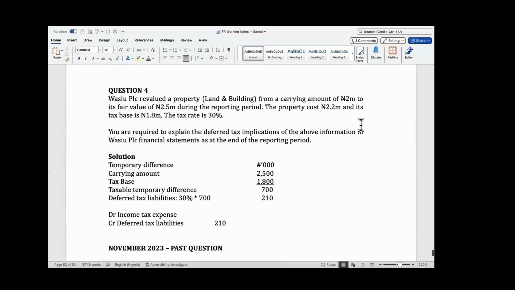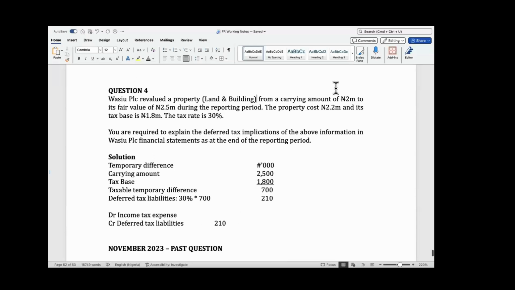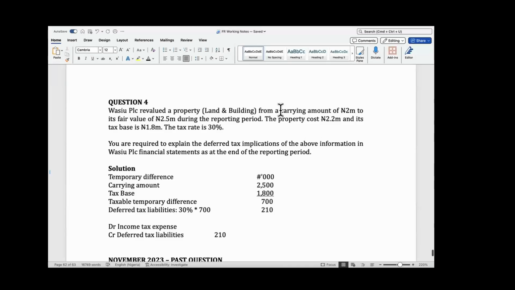So if it's PPE, fair value surplus goes to OCI. So deferred tax will go to OCI. But in this case, the difference between the carrying amount of 2 million and 2.5 is not the only thing causing this temporary difference.